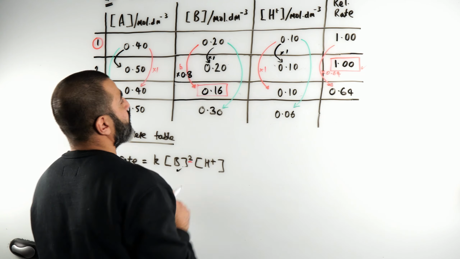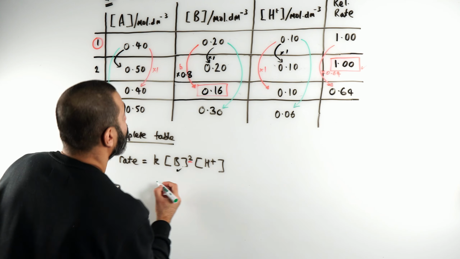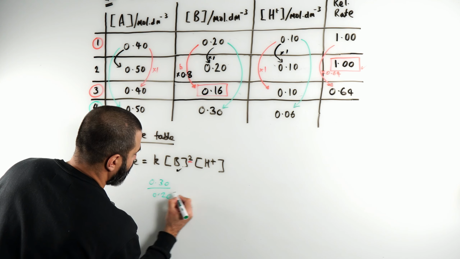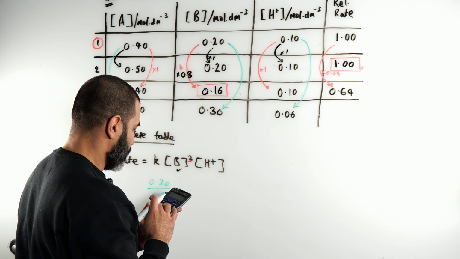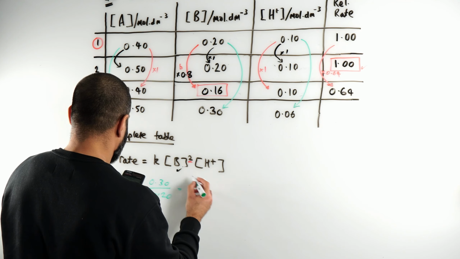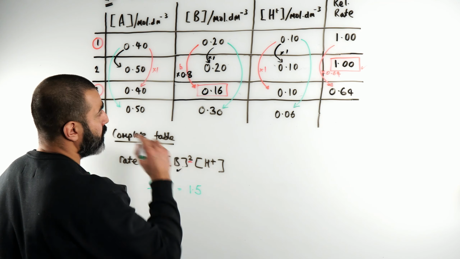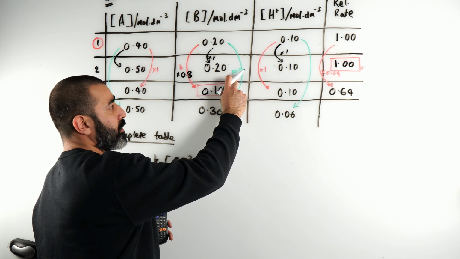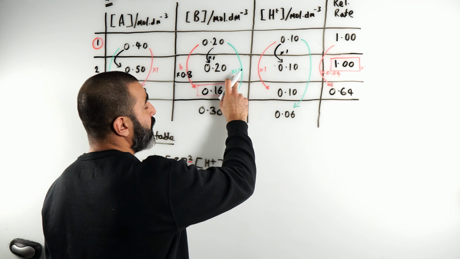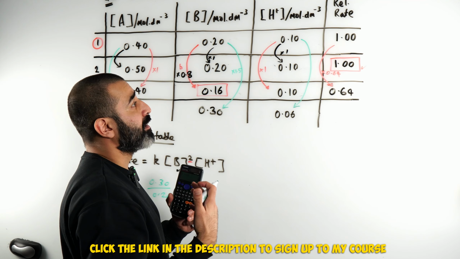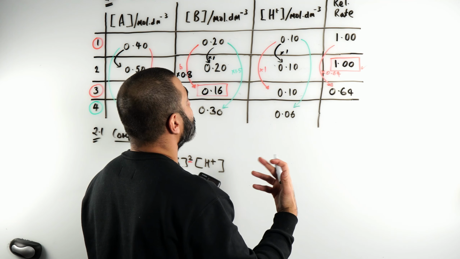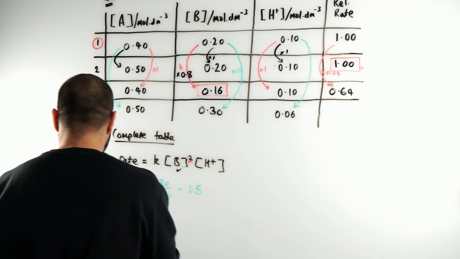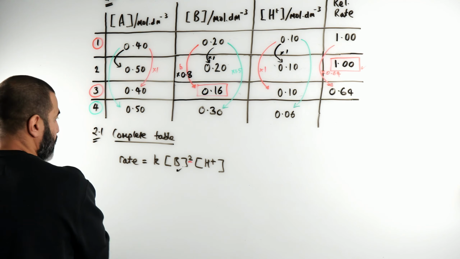So what is that factor? To work out that factor, do 0.3 over 0.2. So 0.3 over 0.2 should be 1.5, okay? So what we're doing here is we're increasing the concentration by a factor of 1.5. If we do that, how is the new relative rate going to change? Well, the relative rate is going to be 1.5 squared, okay? Because it's second order with respect to B. So let's do that.